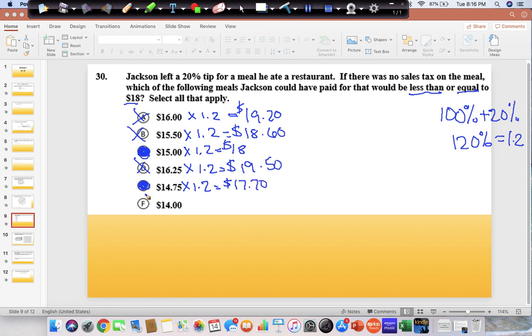And $14 is even less than that, so again, that's going to work, but let's just double check it. 14 times 1.2 gives us 16.8, which is $16.80. Oops, so that one will work as well. All right, so you should have chosen C, E, and F for this problem.